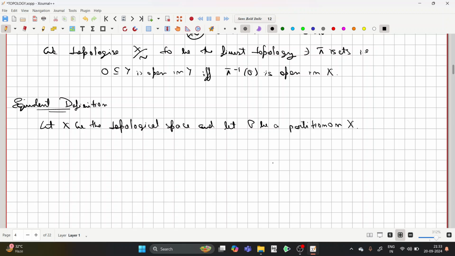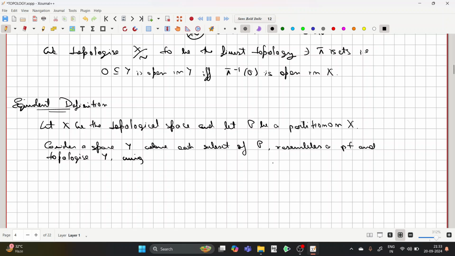Okay, so what do I do? Consider a space Y where each subset of P resembles a point, and topologize Y with respect to the map pi from X to Y, which sends each x in X to the subset of P it lies in.